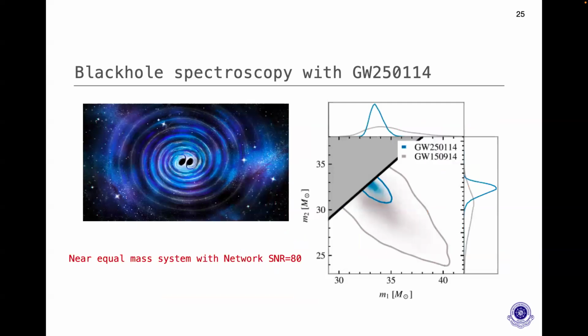But then in the fourth observing run, this January, actually, this event got detected. Its masses are very similar to GW150914, but with a very high signal to noise ratio in the detector. And the mass posterior you can see here. The blue one is basically GW250114. And since this event is also very similar to 150914, you can perform the same analysis of finding the quasi-normal modes.